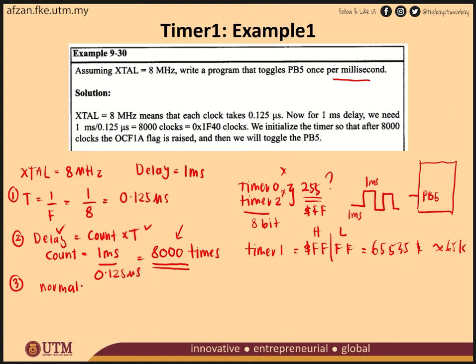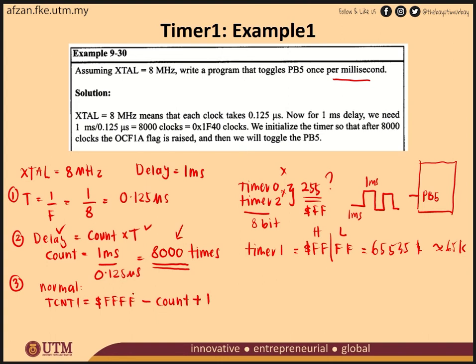For normal mode, TCNT equals, since we are going to use timer 1, TCNT1 equals, so what is the equation previously? FF minus count plus 1, is it correct? Yes, but since this is timer 1, the maximum is FFFF. Why? Because it's a 16-bit register.